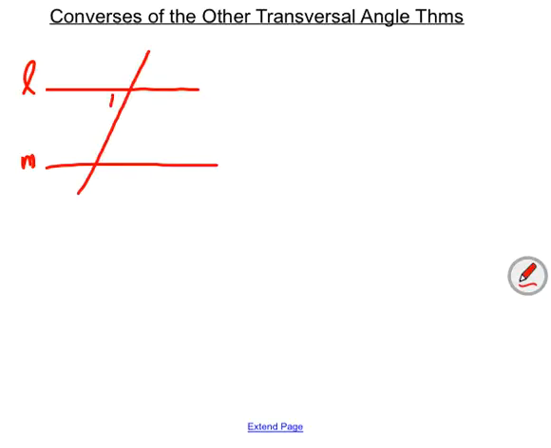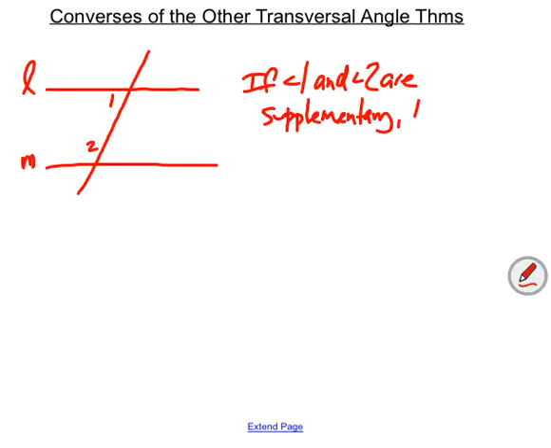If I have angle 1 and angle 2 here, and if I know that they're supplementary, let's write that out as a symbol instead. If angle 1 and angle 2 are supplementary, then of course L is parallel to M.